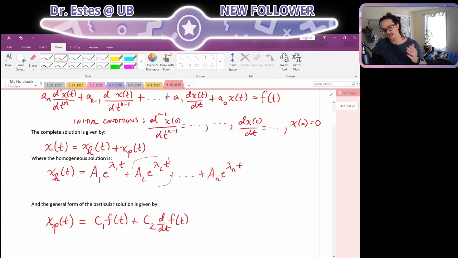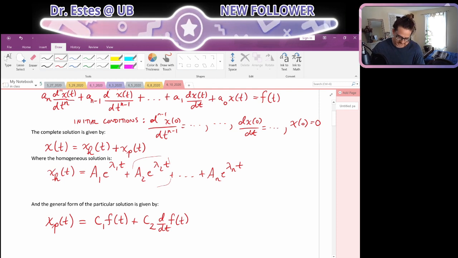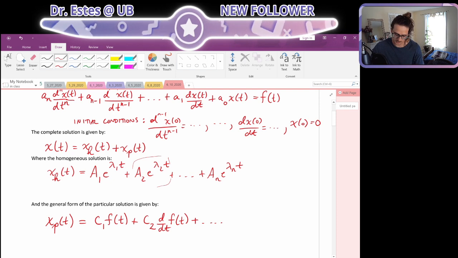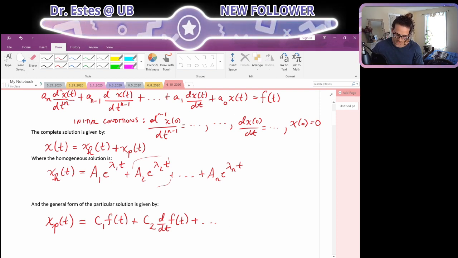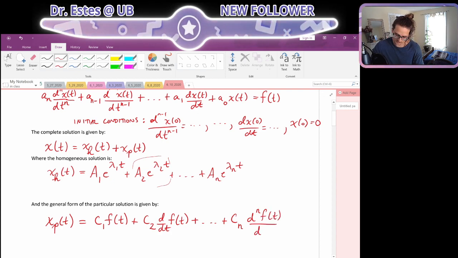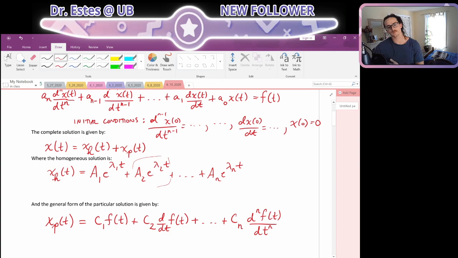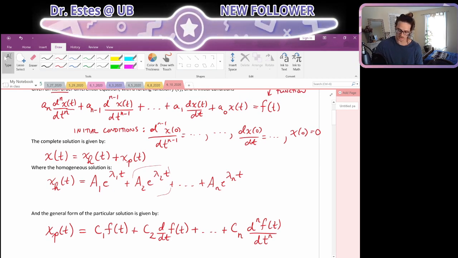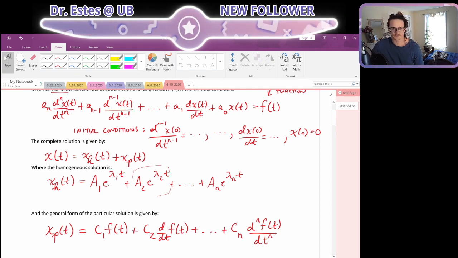And we'll do a bunch of examples today to illustrate this. But the general form of the particular solution goes all the way up to the nth derivative of your forcing function. So n is the order of the original differential equation. And that's how many derivatives you would have to take of your forcing function.